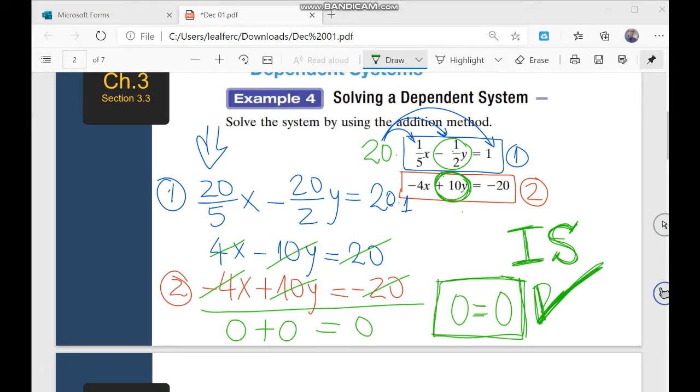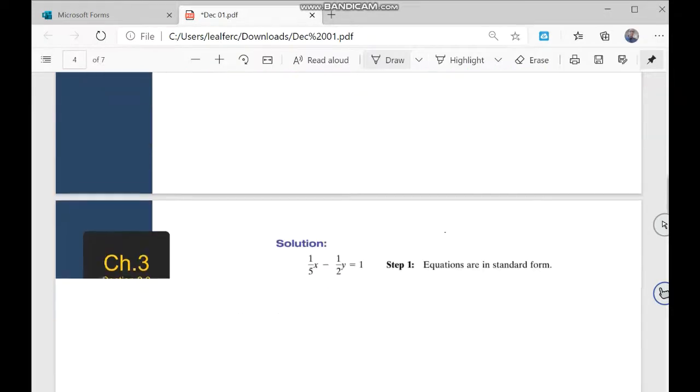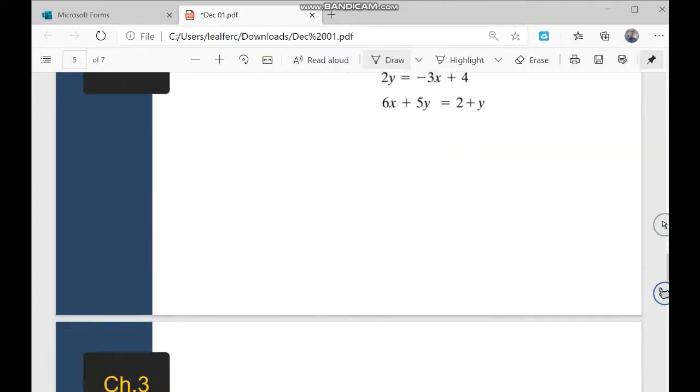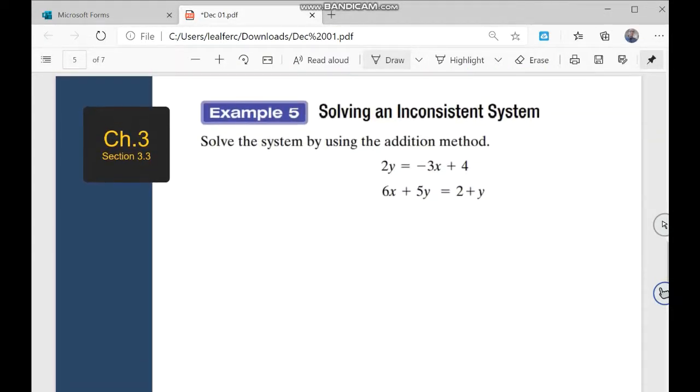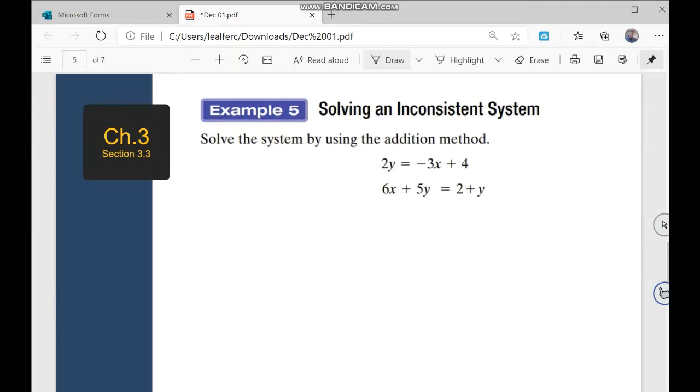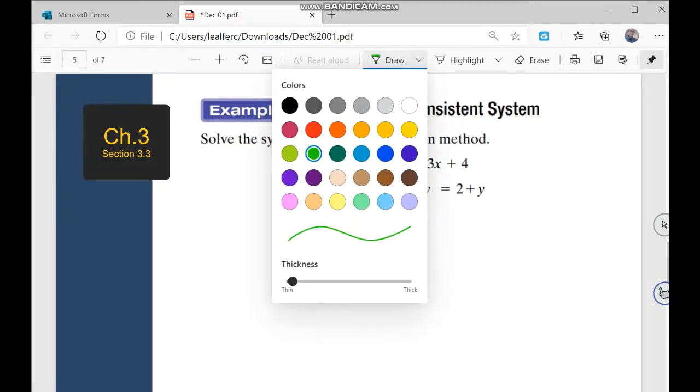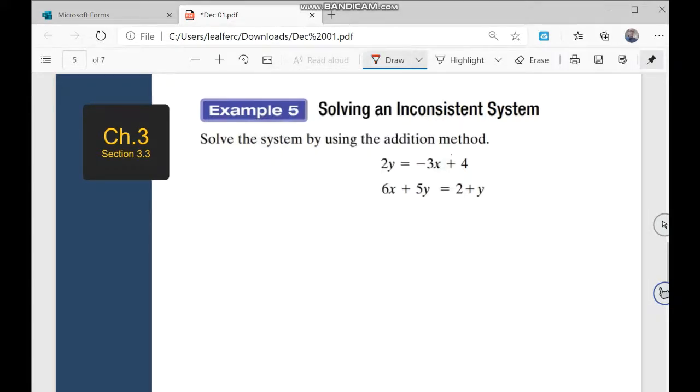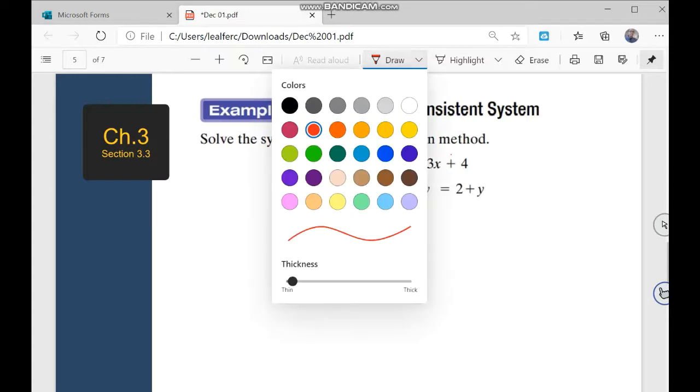Now, let's see the other situation that we can find, which is if we find an inconsistent system. We don't know yet. We're going to try to solve this system here, and let's check if this is going to be an inconsistent system, and this kind of system has no solution.